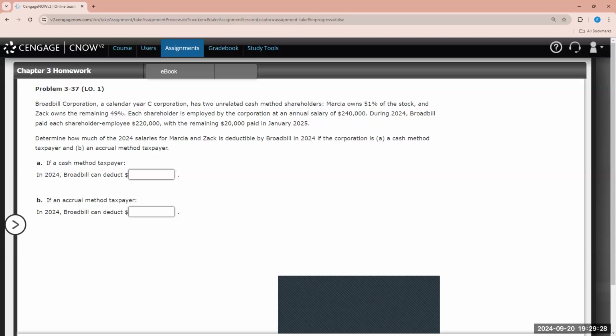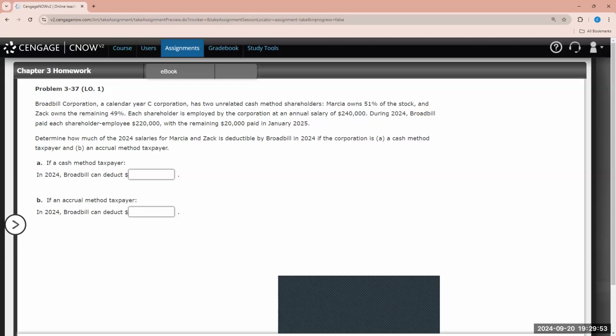Marcia owns 51% of the stock and Zach owns the remaining 49%. Each shareholder is employed by the corporation at an annual salary of $240,000. During 2024, Broadbill paid each shareholder employee $220,000, with the remaining $20,000 paid in January of 2025.